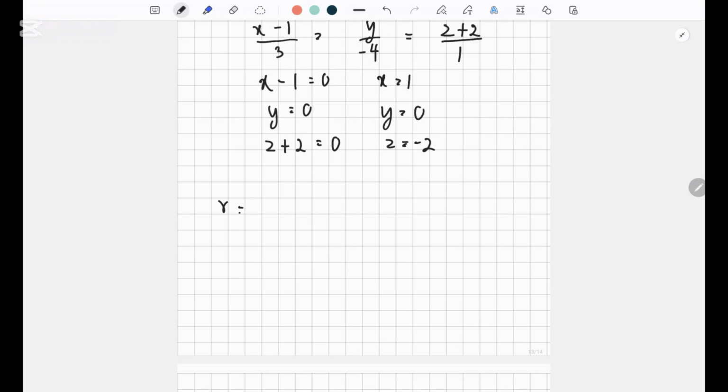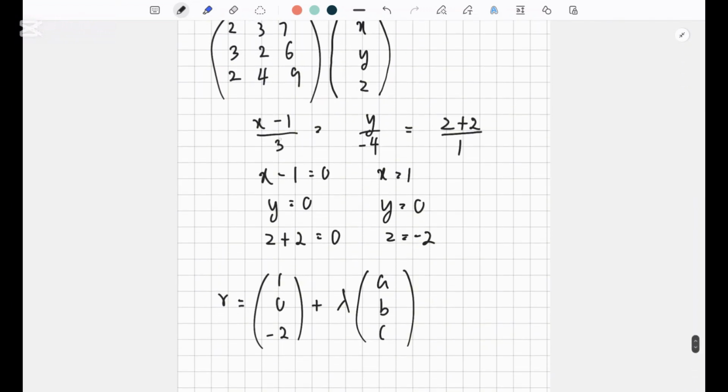So your vector equation is going to look like this. r equals, your starting point is going to be 1, 0, minus 2, plus lambda, which you can take as any value you like, times a, b, c, whatever vector you get. To find that vector, you look at the denominators: 3, minus 4 and 1.